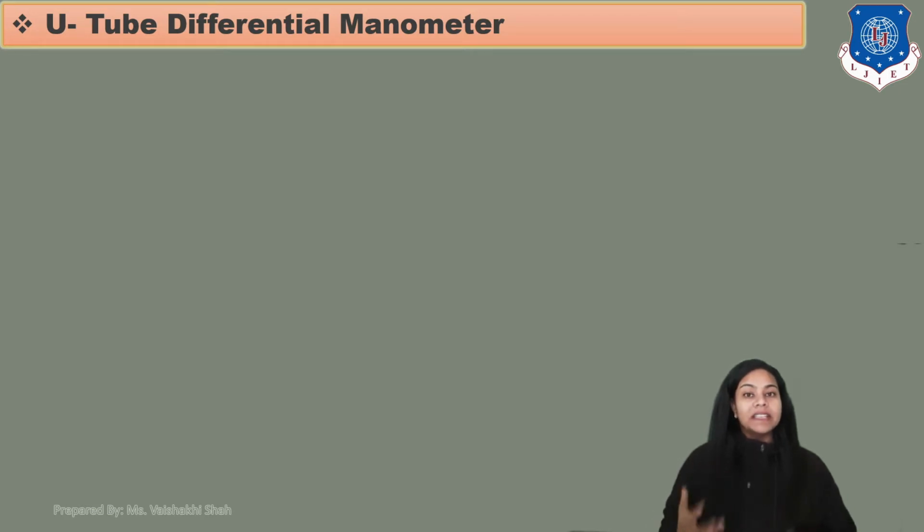Basically, a manometer is used to measure pressure or pressure difference between two pipes. Today we are going to study the U-tube differential manometer.